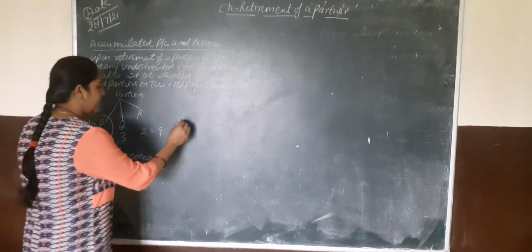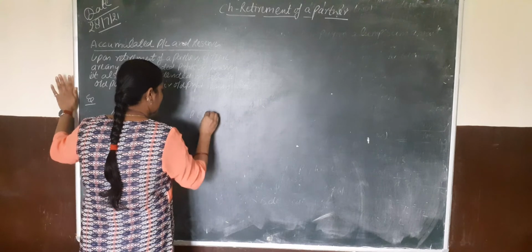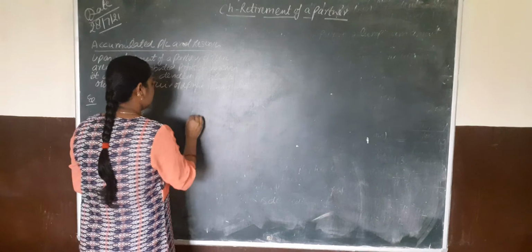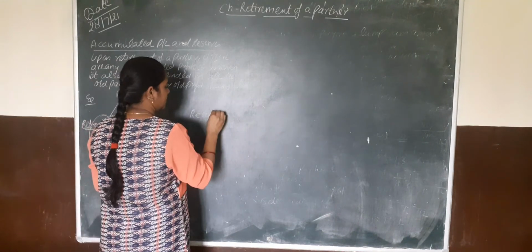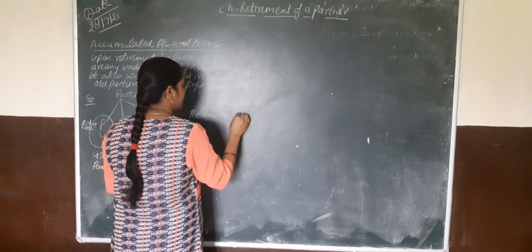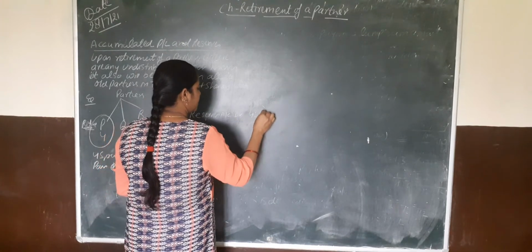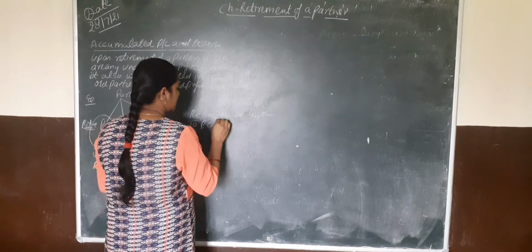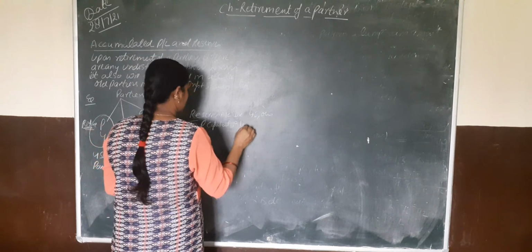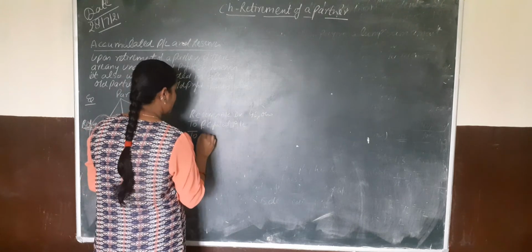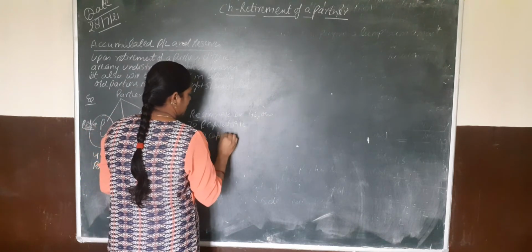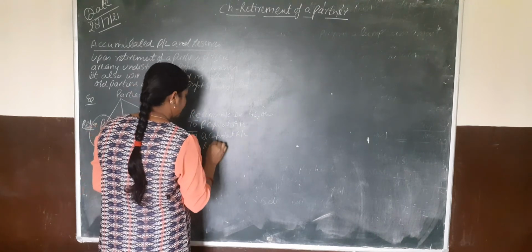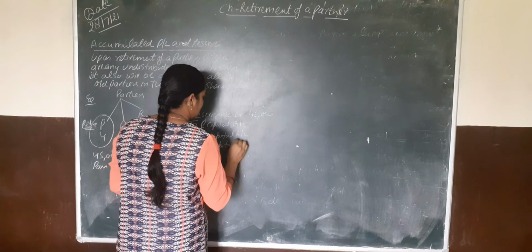So we will pass the entry: Reserves account debit 45,000 rupees to P capital account, Q capital account, R capital account.